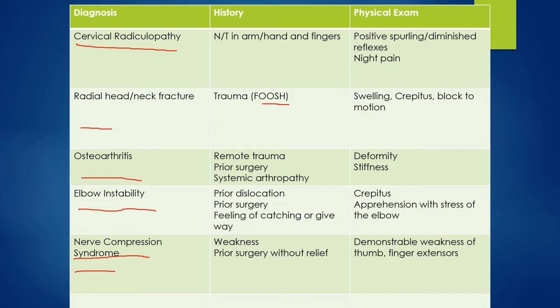With compression of the posterior interosseous nerve, which is a branch of the radial nerve, there will be weakness of the thumb and finger extensors. There may be a complaint of numbness and tingling on the dorsum of the wrist along the dorsum of the radial bone and the top of the thumb.